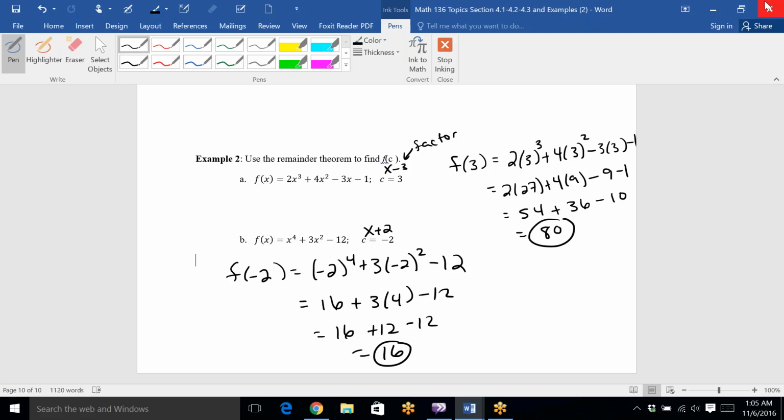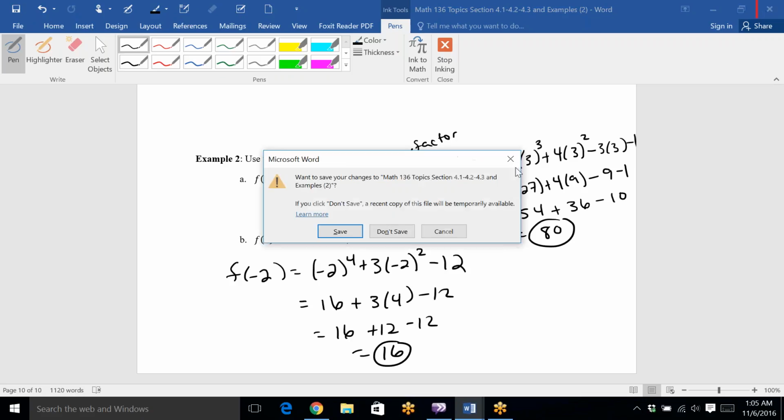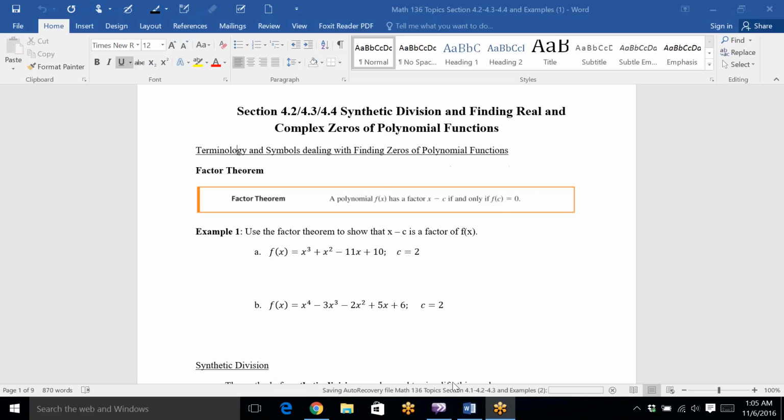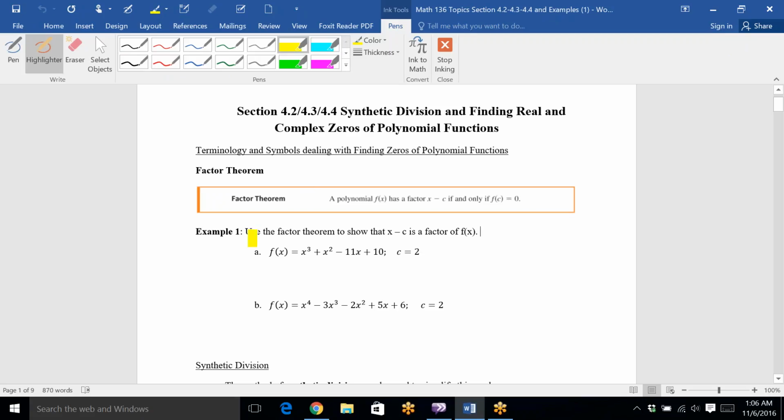So we want to do the factor theorem next, because that is sort of similar, but it has some other things going on. All of these are key components to being able to do certain problems down the road. So the factor theorem says a polynomial has factor x minus c if and only if f of c equals 0.